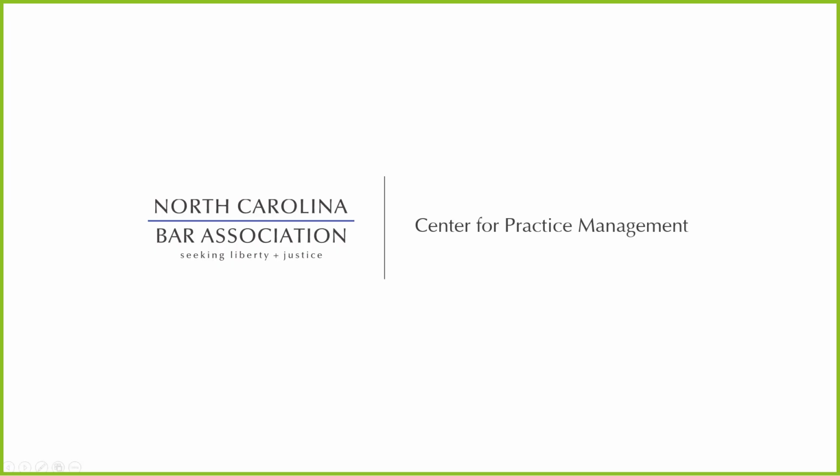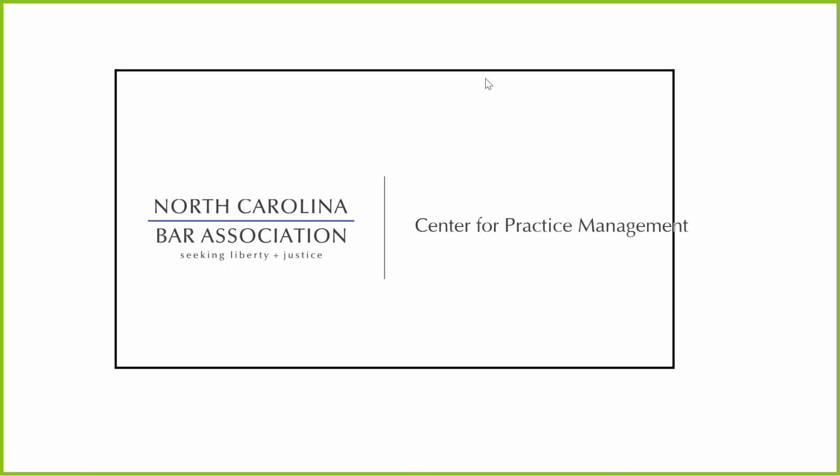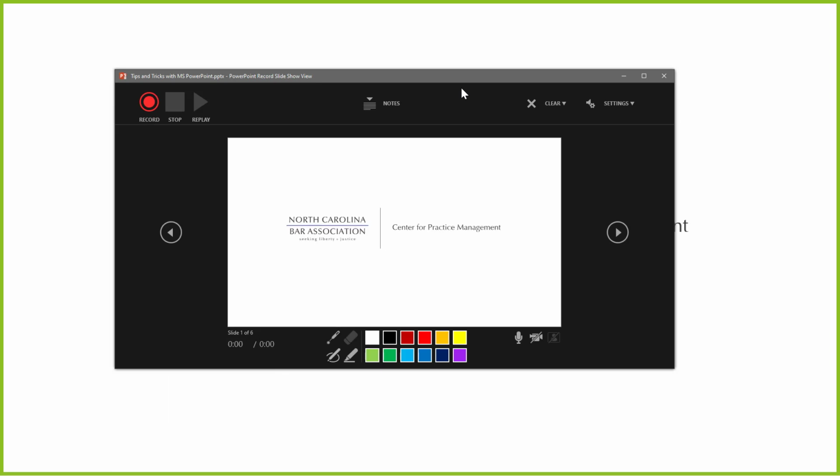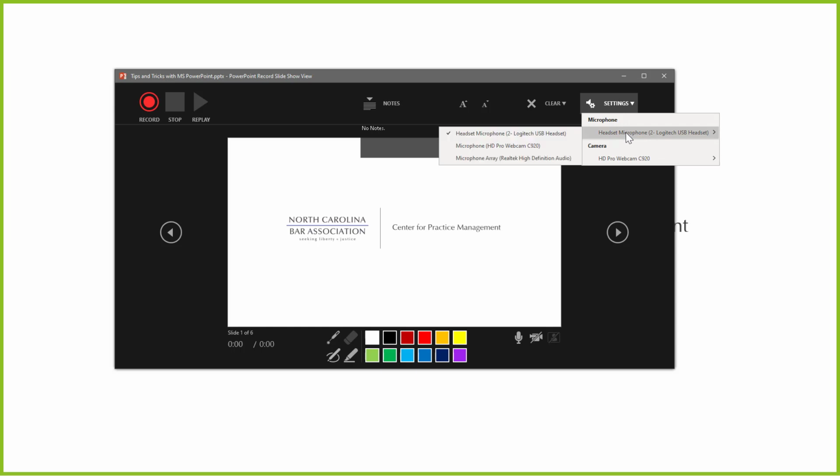And what happens is you get this screen that lets you show your speaker's notes on different slides. You can record it. Under settings, you can choose which camera and microphone. I choose to keep the camera off. So down here, you can have microphone on, camera off.